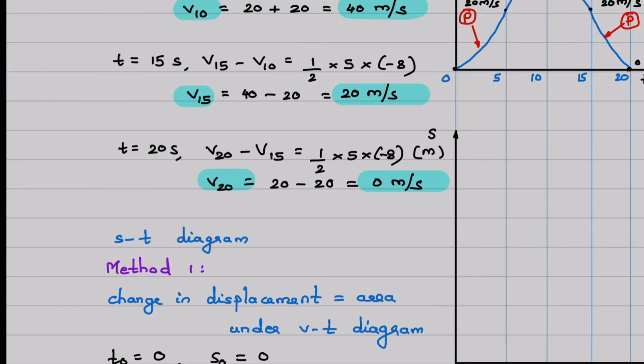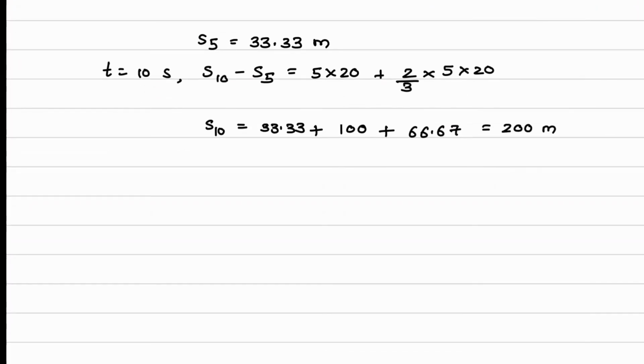So we will write down at t equal to 15 seconds, S15 minus S10 is equal to area of that rectangle, which is 5 into 20, plus area under the curve, that was 2/3, area under the curve till that rectangle, 2/3 of 5 into 20.